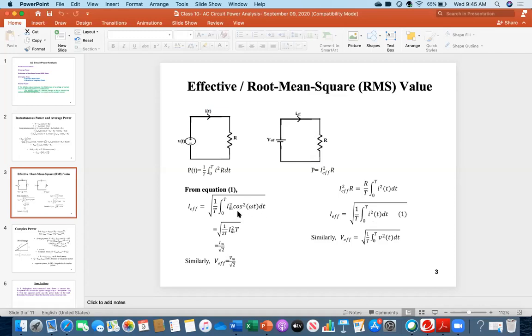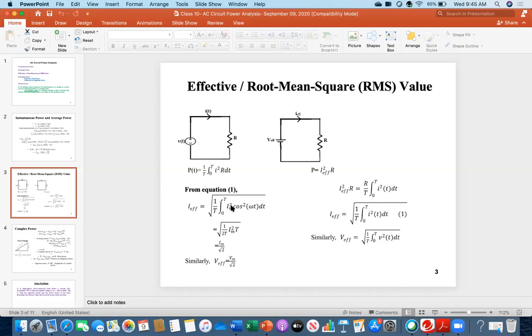But then I want to apply a trigonometric identity here. Look carefully. What is 2 cos squared omega t? It is 1 plus cos 2 omega t. Can you remember the trigonometry? 2 cos squared theta is 1 plus cos 2 theta.